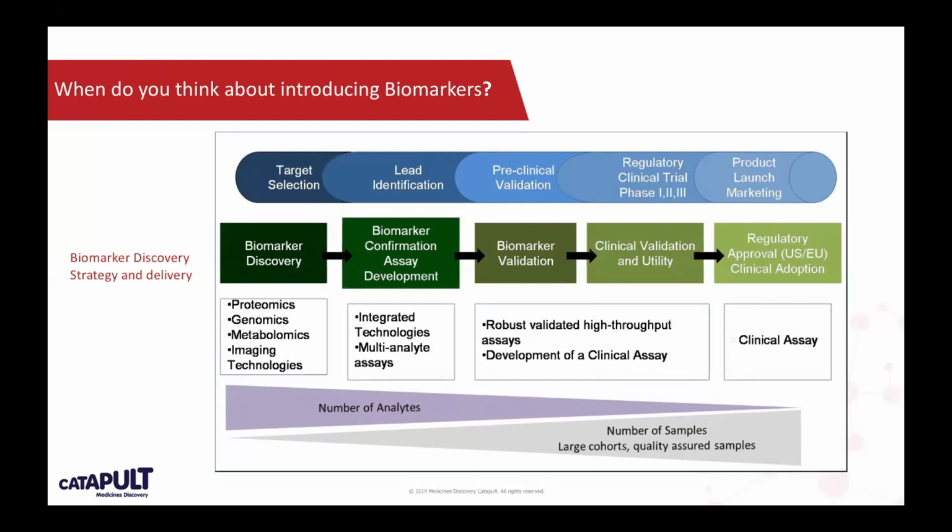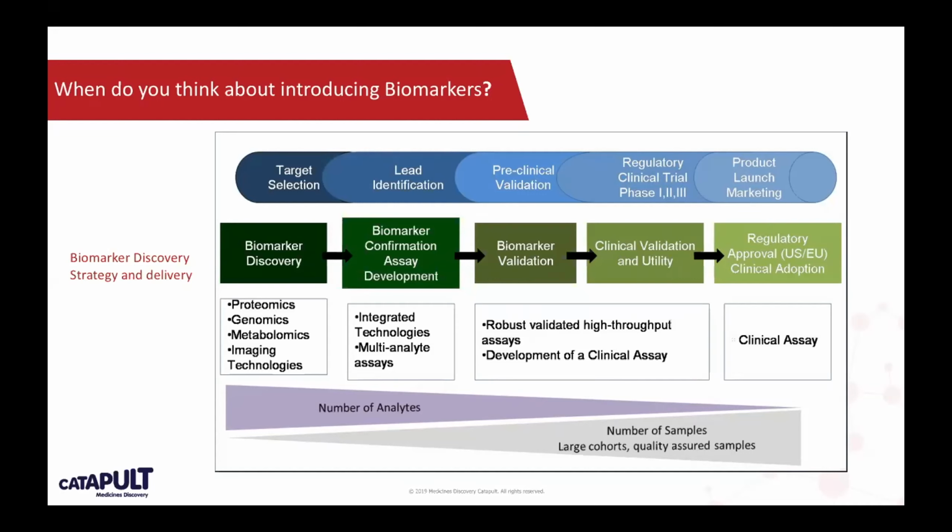You can look at a lot of multi-analyte assays that allow you to measure many different analytes, so things like proteomics and genomics, using imaging technologies to really understand the disease that you're aiming to target, but also the target that you're going in with for your drug, to understand exactly what's going to happen, so that when you get to the clinic, you have a handful of markers that you might want to monitor moving forward.